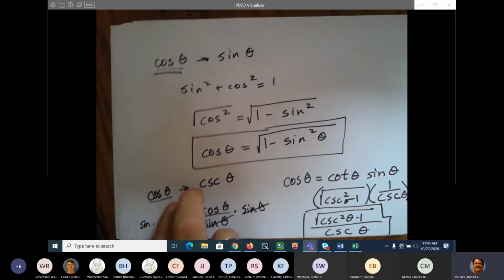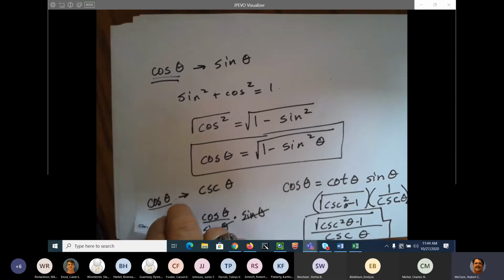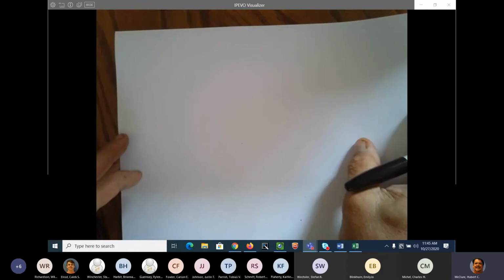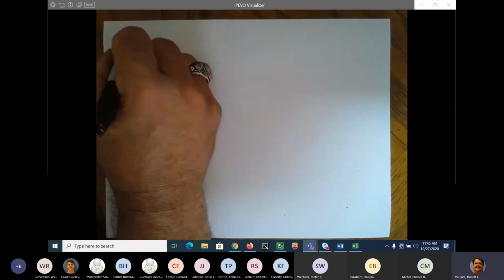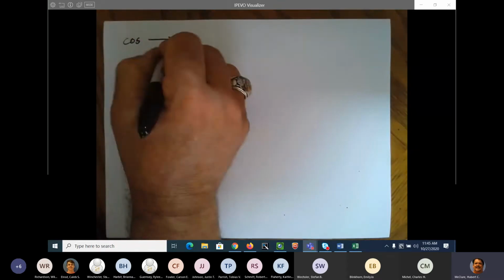Okay, the second one says to write the cosine in terms of cotangent.